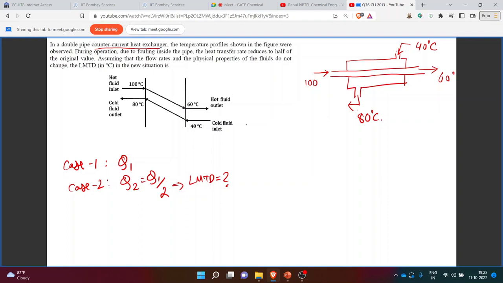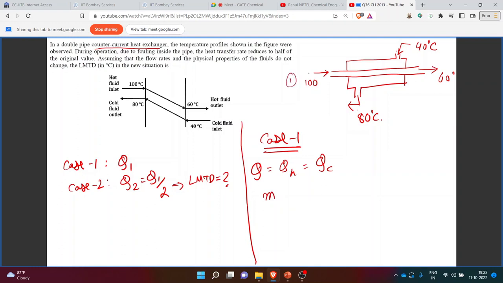Now let's consider case 1. The heat balance across this heat exchanger: total Q will be equal to Q of H equal to Q of C. Let's call the tube side fluid 1 and the shell side fluid 2.